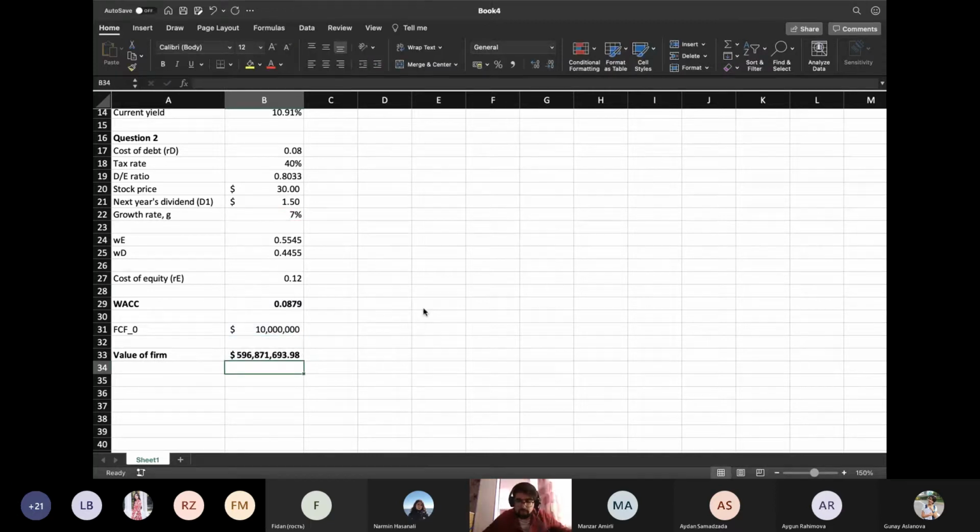Fatima, let me show it on the paper. Value of the firm is equal to 10 million multiplied by 1 plus 0.07. This is the calculation of the value of the firm. Maybe it is because of rounding errors, Fatima.